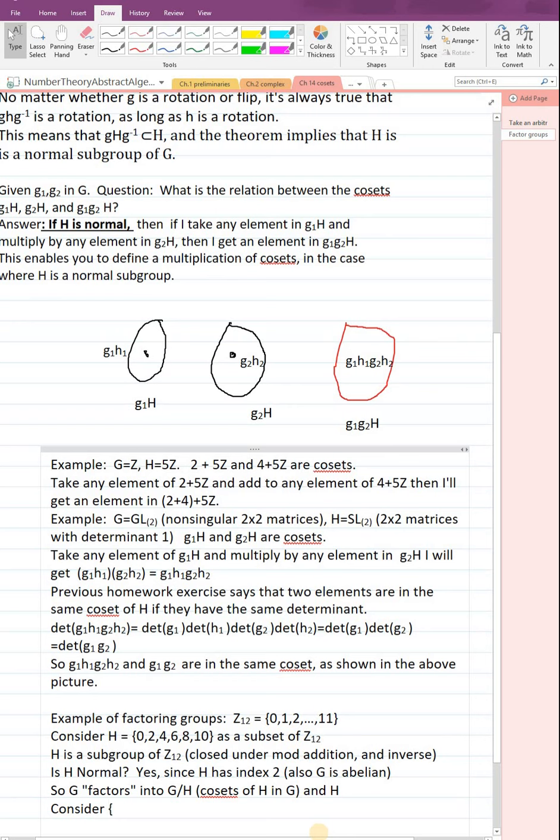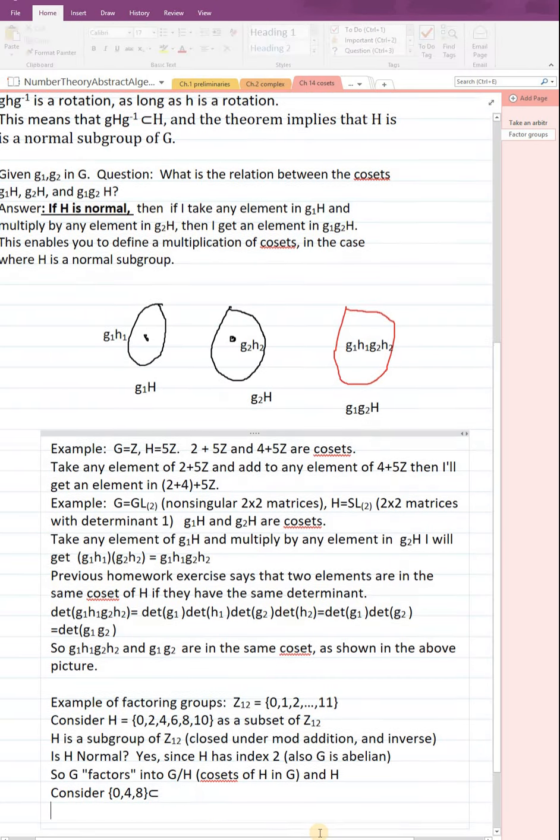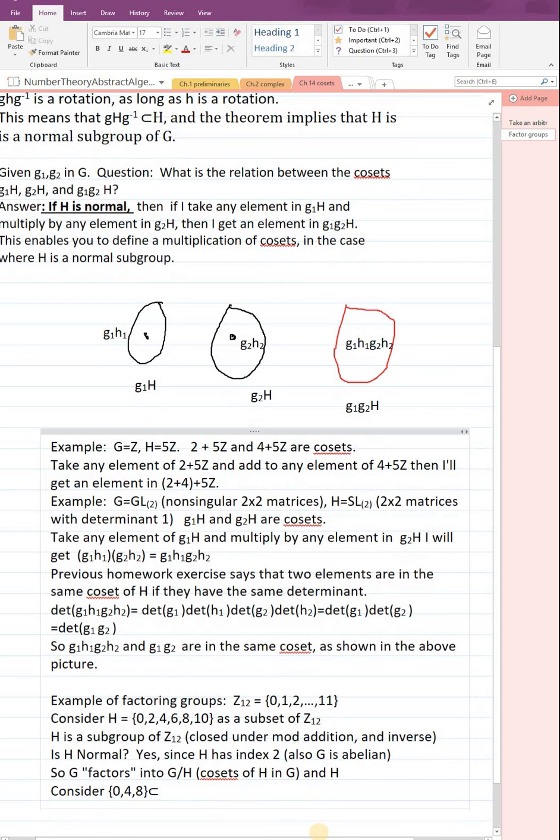I can say 0, 4, 8, which is a subset of H.